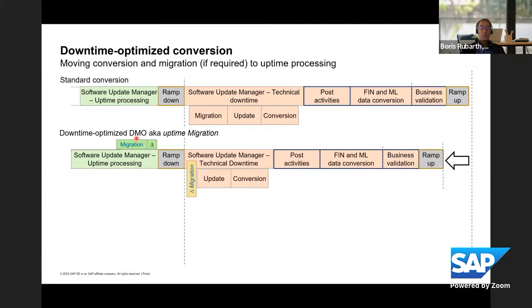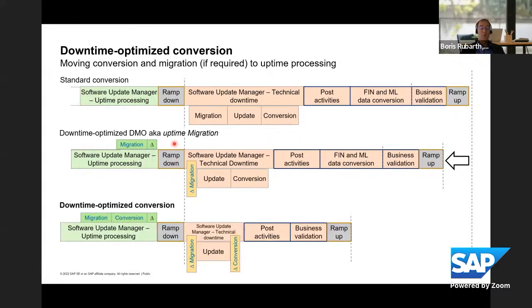So you can use downtime-optimized DMO. You have a bit higher effort to select which tables to migrate in uptime. But then we have the big benefit of a drastic downtime reduction. And this is what we call downtime-optimized conversion. Downtime-optimized conversion will not only do uptime migration, if the source is not yet HANA, but it will trigger the data conversion already in uptime.